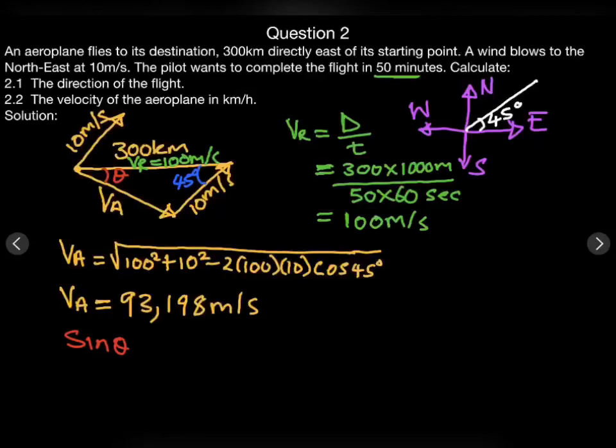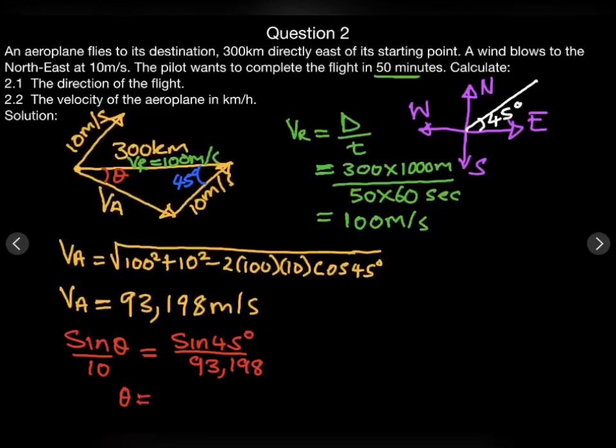To do that, we are going to use the sine rule. We say sine theta over the side opposite to angle theta, which is 10 meters per second, as you can see on our triangle, is equal to sine 45 over the side opposite that angle 45, which is VA, which we calculated just now, 93.198.